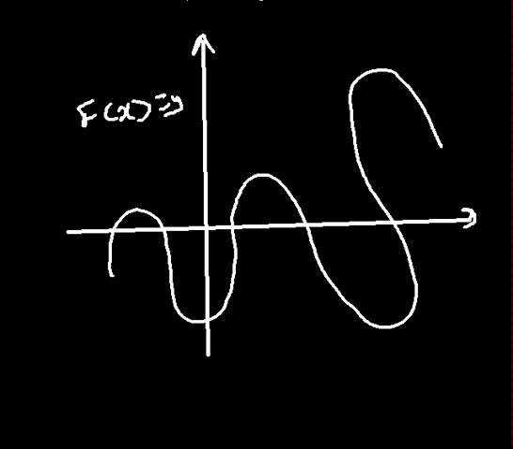Let's say this is point A, this is point B, this is point C, this is point D, and this is point E.